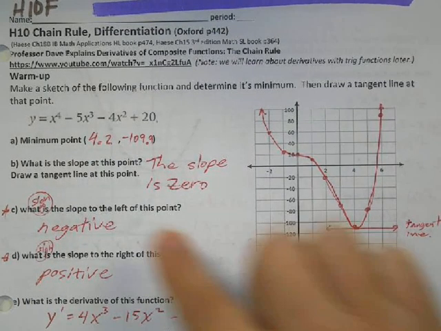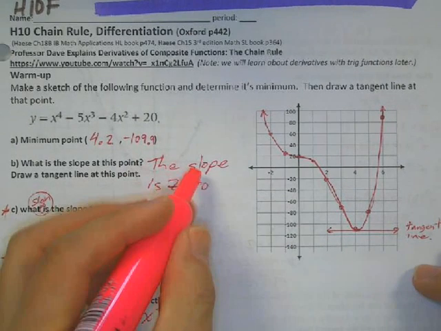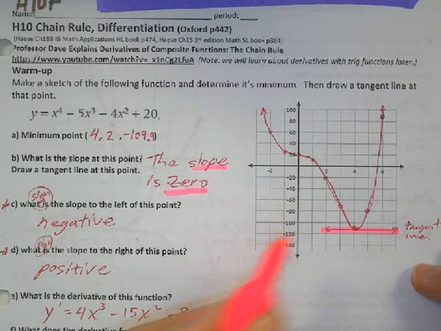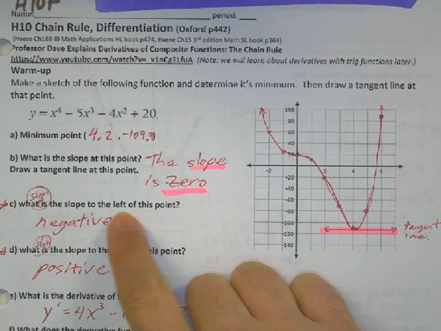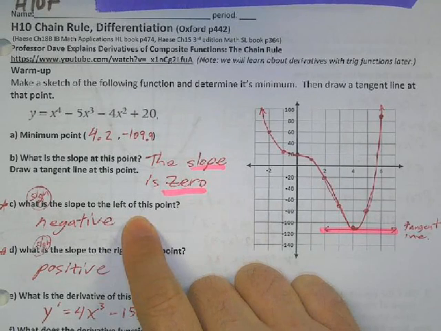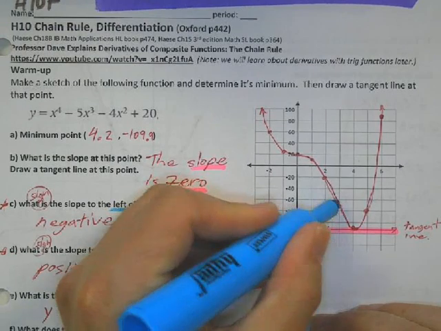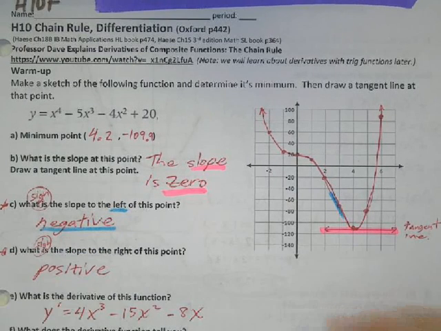And what is the slope at this point? The slope is 0, because at this point it's a minimum. To the left of the point, you can see the slope is pointing down. It's got a negative slope.